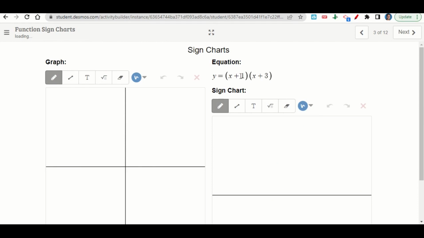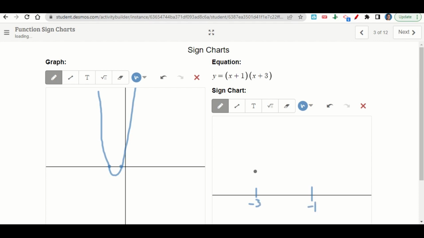So we can see that we're going to have an x-intercept at -1 and -3. And multiplicity of 1 at both, so it should look something like that because it's going to pass through. So now we create our sign chart. This would be -3 and -1.